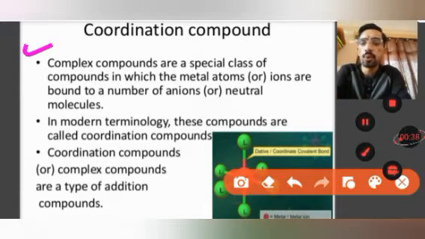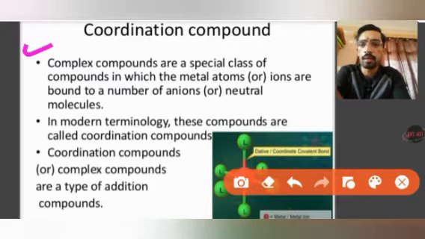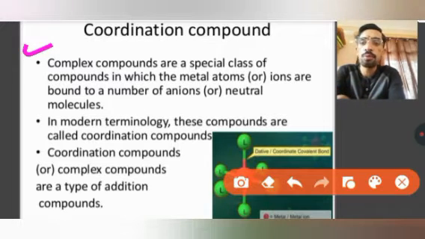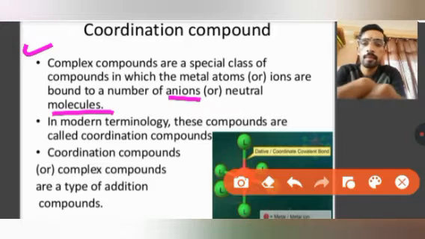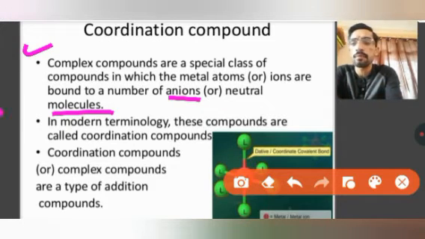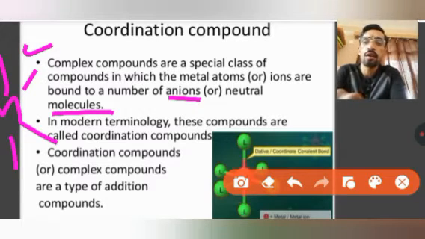It is a complex compound, a special class of compound in which the metal atom or metal ion is bound to a number of anions or neutral molecules. It means there is a central metal which is bound with many anions or neutral molecules. In modern terminology these compounds are called coordination compounds.